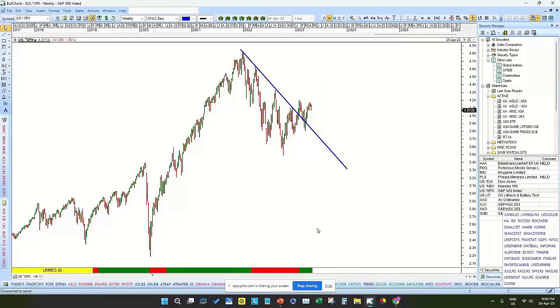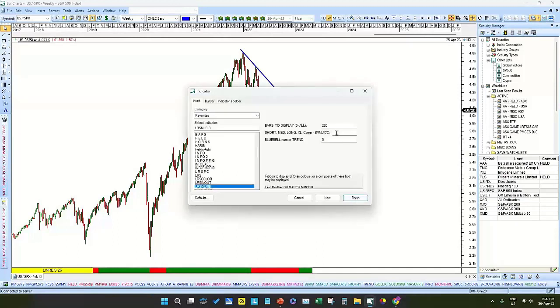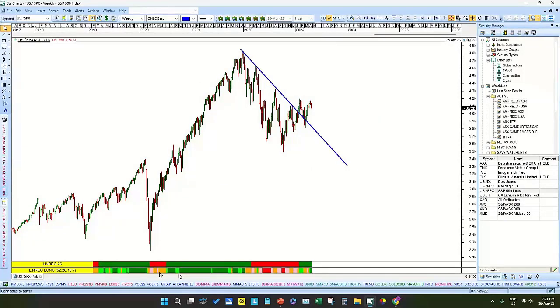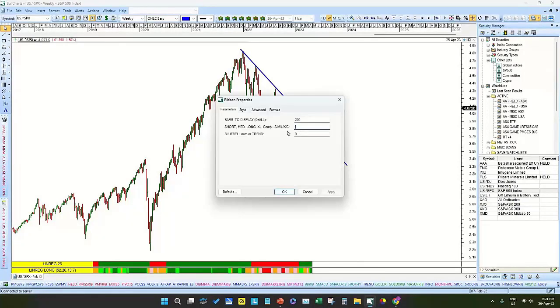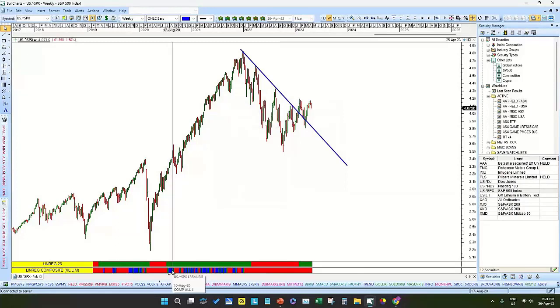If I put another one on, there is that composite ribbon, or the 52, which comprises part of that. And if I actually go and put C for composite into that indicator, you'll see that for these moments where it's all blue, that tells me that all four of those ribbons were in an uptrending phase.